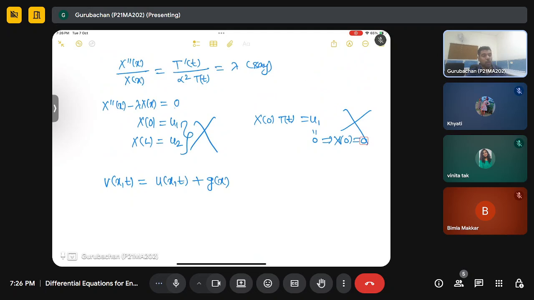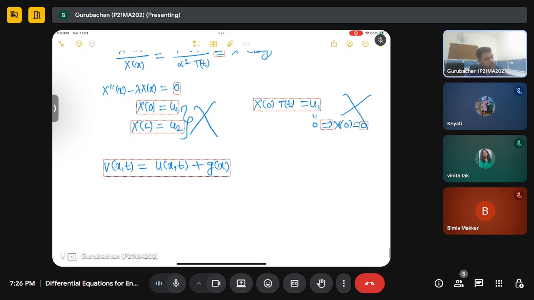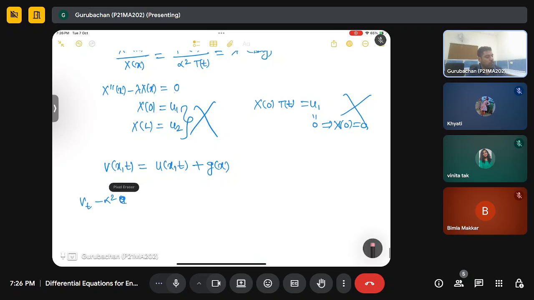From here you want to target that v(0,t) has to be 0, and you want to target that vt minus alpha square vxx should be 0.